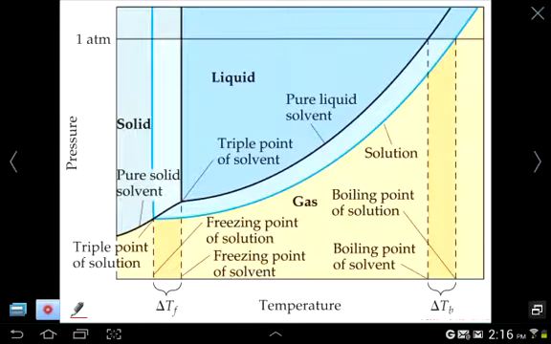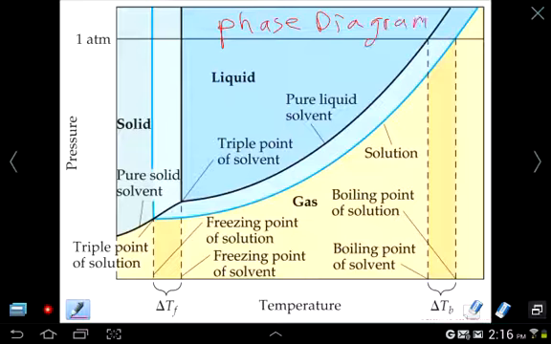So a way to see this is we took a look at this phase diagram from the last chapter, if you remember. The phase diagram shows you the 3 phases, the solid, the liquid, and the gas. And the original phase diagram is here outlined.